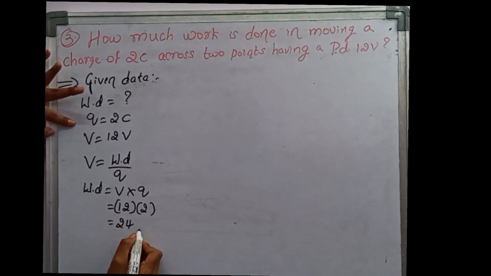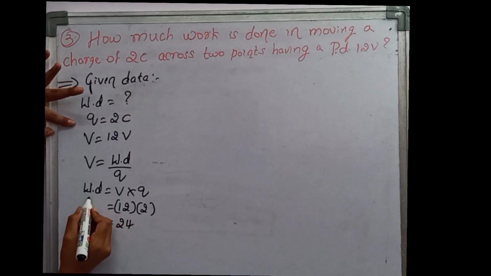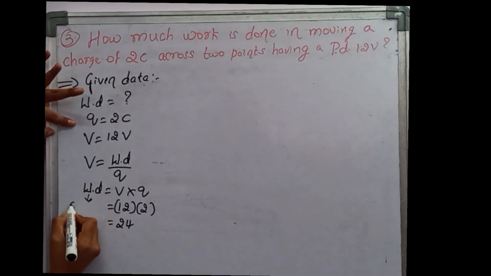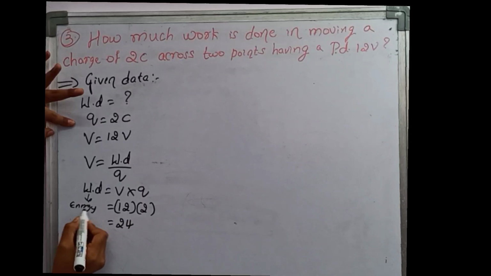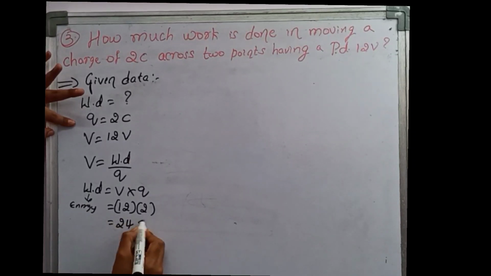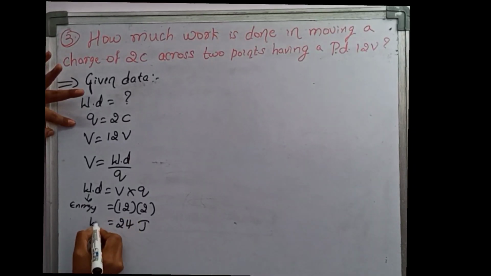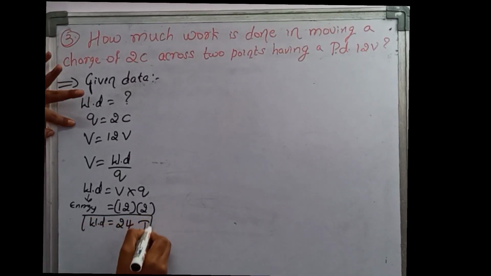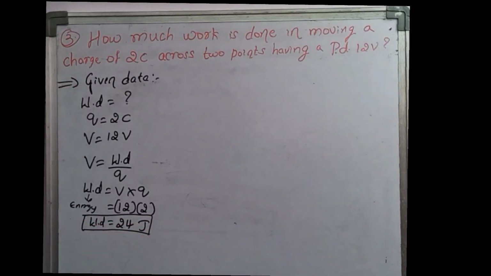We need to keep the unit. In the previous video I said work done can be treated as energy, and the unit of energy is joules. So work done equals 24 joules is the answer.